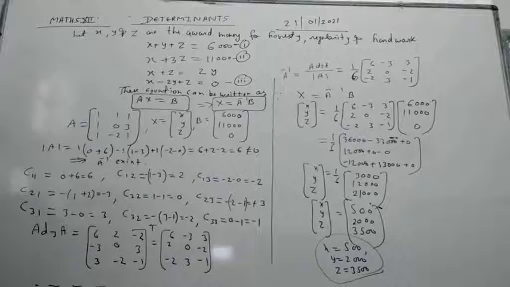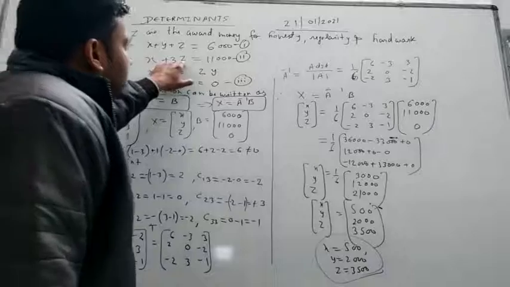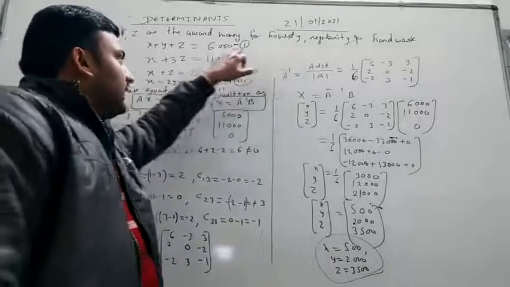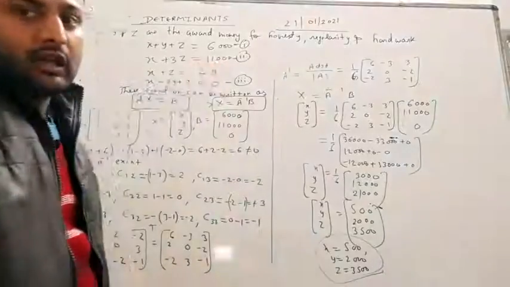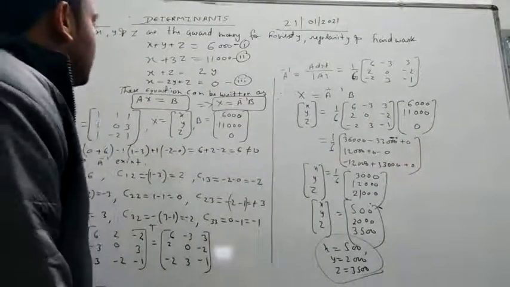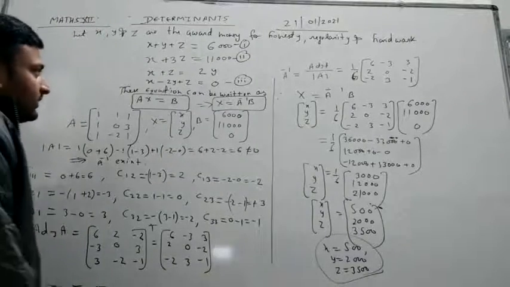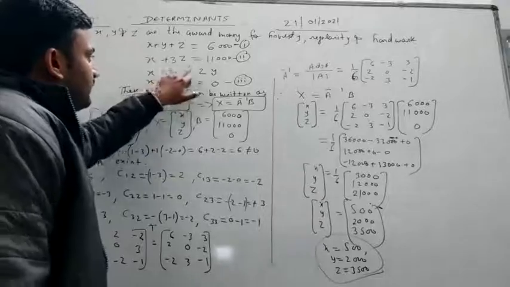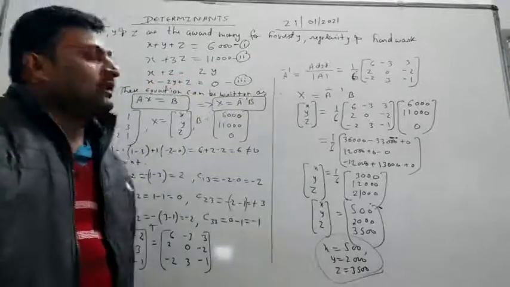Okay students, now the second condition says that 3 times the award money for hard work added to the amount given for honesty is 11,000. So second condition will be this, and the third condition is that the sum of hard work and honesty is 2 times the regularity.